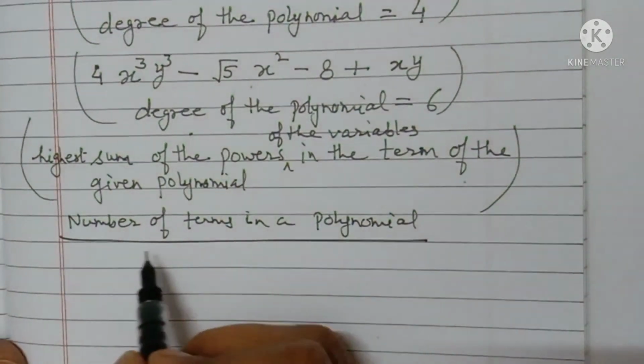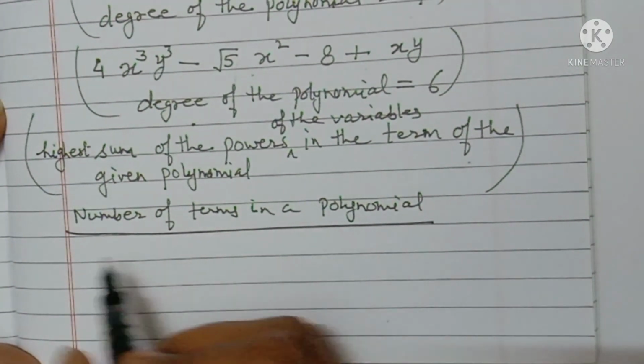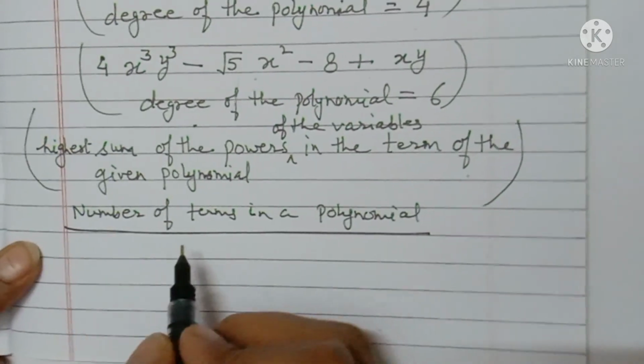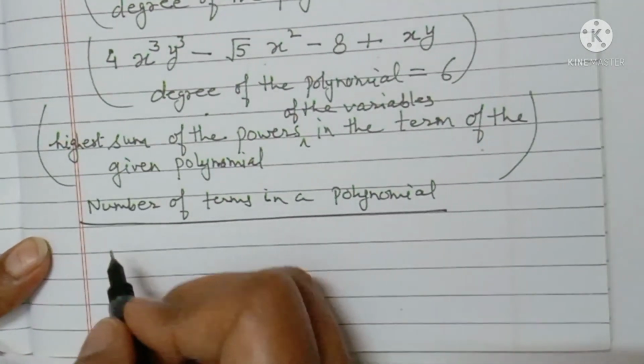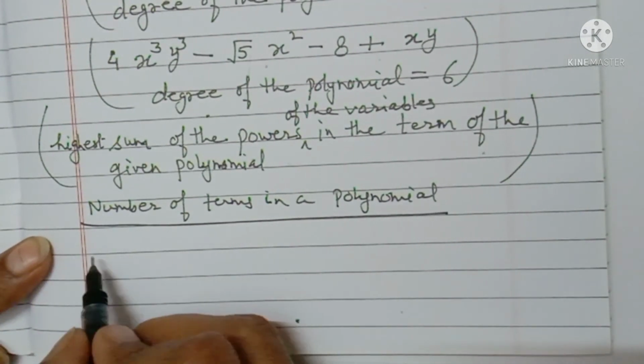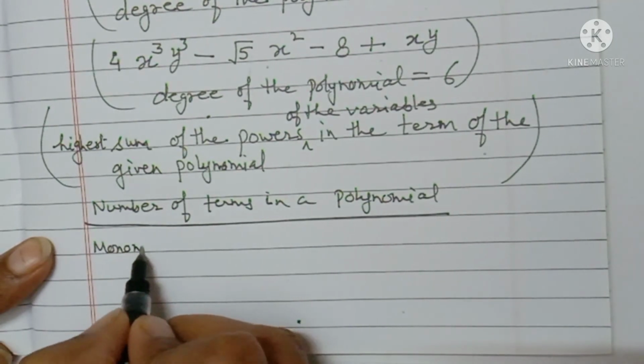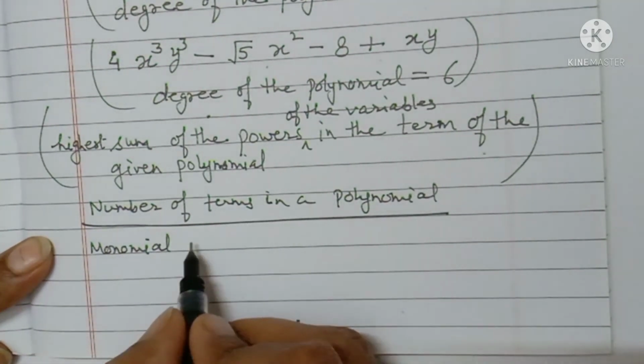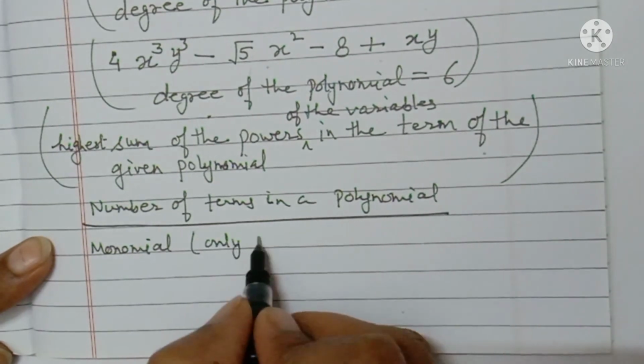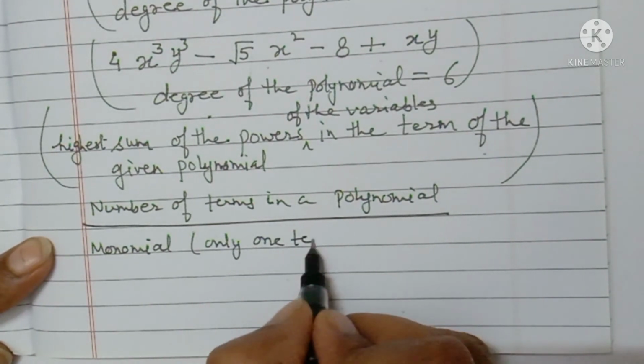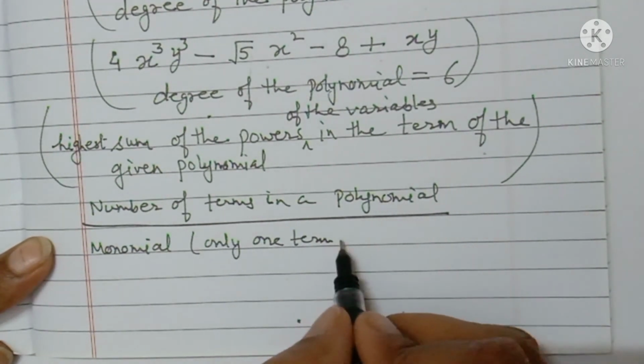Now the next topic is the number of terms in a polynomial. If a polynomial has only one term, it is called a monomial. Only one term in the polynomial.